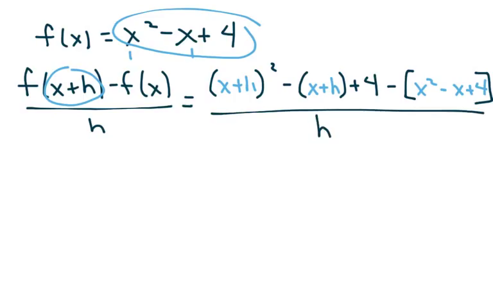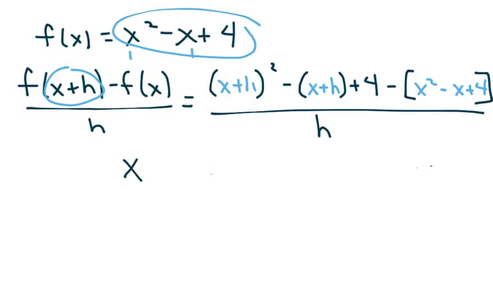I use my factoring properties. So this is going to be x squared plus, just simplify the numerator, get rid of the parentheses. Oh, I forgot my h squared minus x minus h plus 4. I should have moved this over. Let me move all this over a little bit.